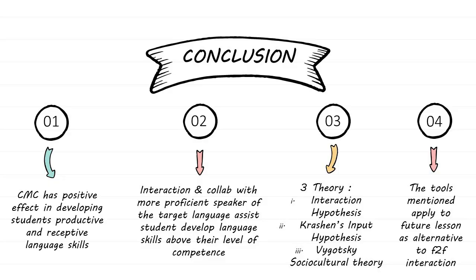Interactions and collaborations with proficient users of the target language assisted the students to develop their language skills above their current level of competence. We can also conclude that the author has used three theories or hypotheses in his experiment, which are the interaction hypothesis, Krashen's input hypothesis, and Vygotsky's sociocultural theory.